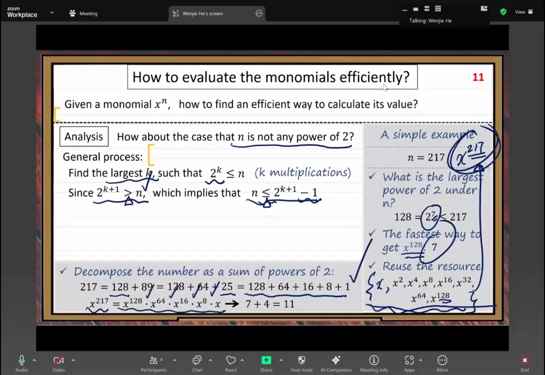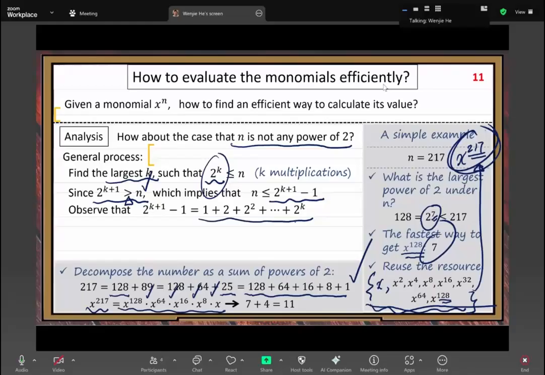So n is less than or equal to 2 to the k plus 1 minus 1. Because with this expression, you can see any n in this range can be represented as our resource numbers. Here I want to make this argument. This is a geometric series, right?